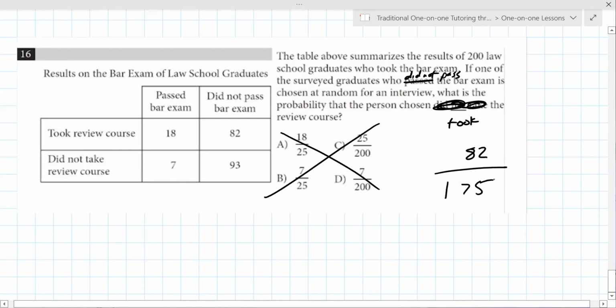All right, so let me see if I can grab another one. We need to talk a little bit about this conditional probability stuff. Let me grab a previous question. So we'll just talk a little bit about conditional probability.